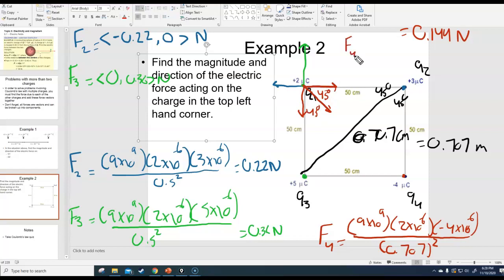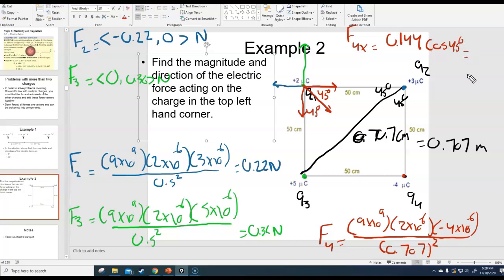So F for x would be 0.144 newtons times cosine of 45 degrees.